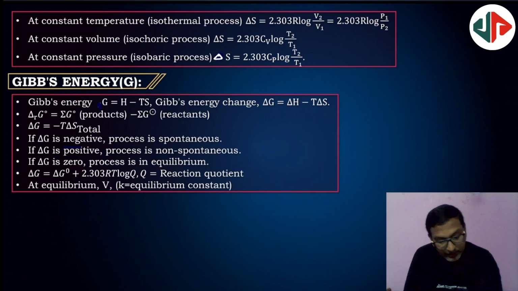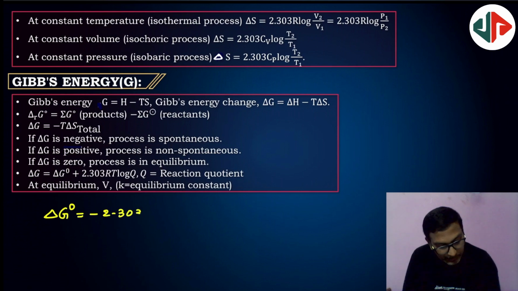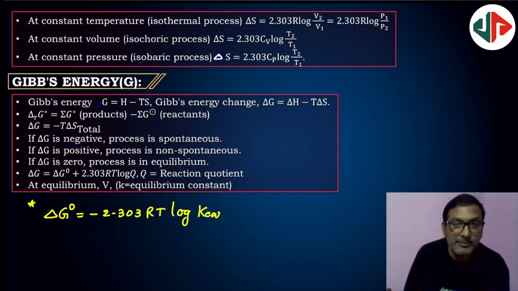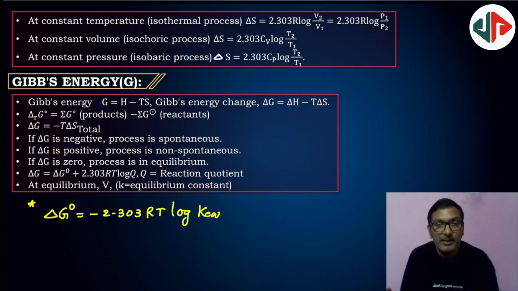Next, the most important relation for problems. Delta G naught equals minus 2.303 RT log K equilibrium. This is the relation between standard change in free energy and equilibrium constant.